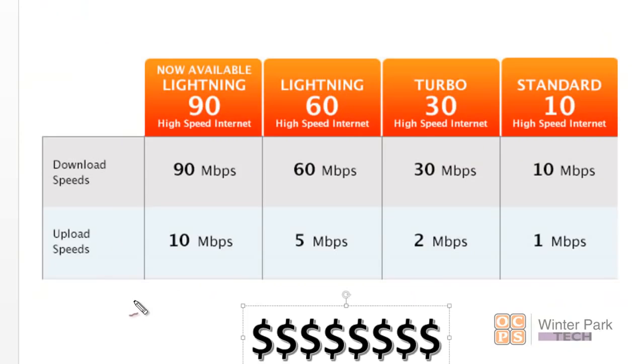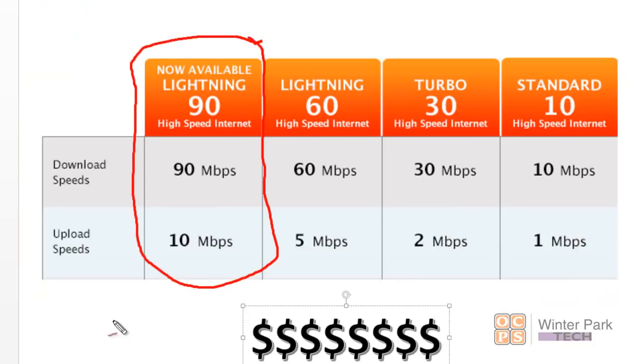Another element of your ISP that you need to be aware of is the cost and the speeds of internet access that are delivered. For example, in my home area, the home user is able to get up to 90 megabits per second with a cable modem provider. That's pretty good.